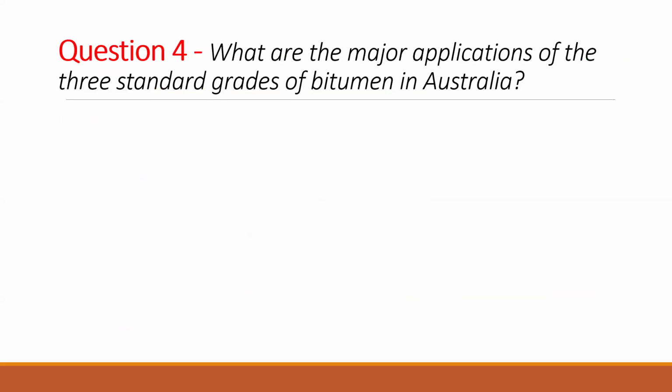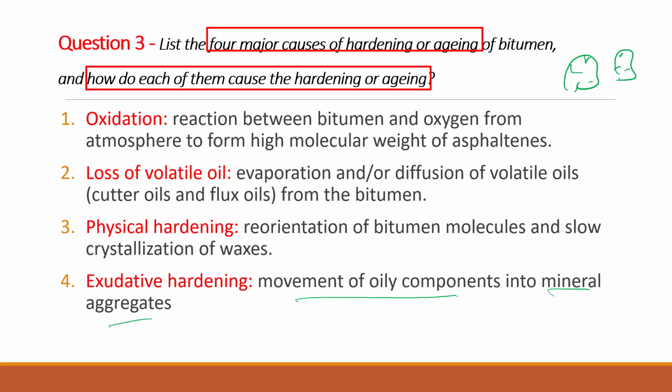Question number 4. What are the major applications of the three standard grades of bitumen in Australia? There are three conventional types, standard grades. What are the three standard grades that we have in Australia? Yes, class 170, class 320.